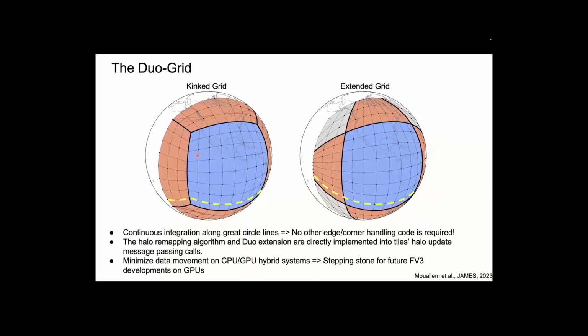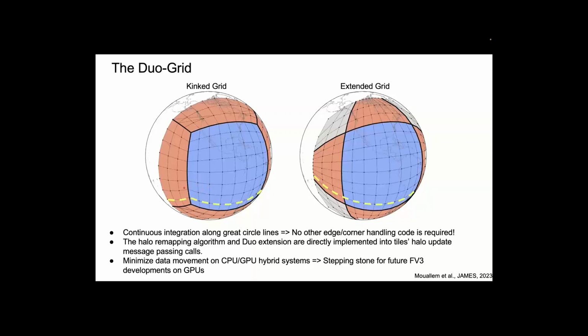On the left, we call this the kink grid, the original grid that is used in FE3. On the right is the extended grid, and the GeoGrid is the combination of the kink grid and the extended grid. Imagine we have a processor here.